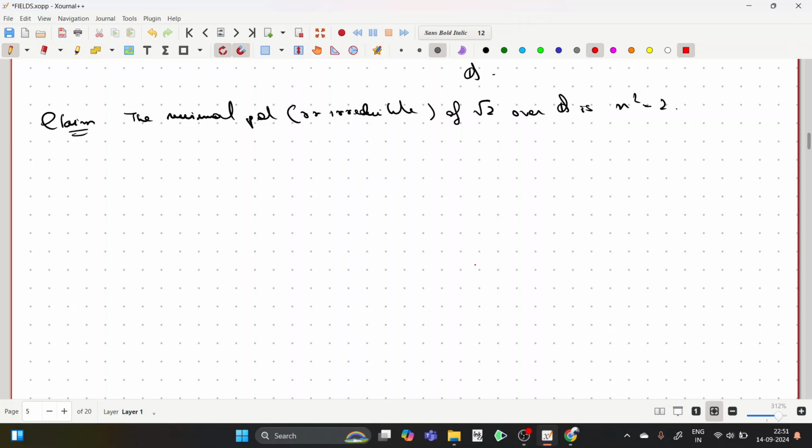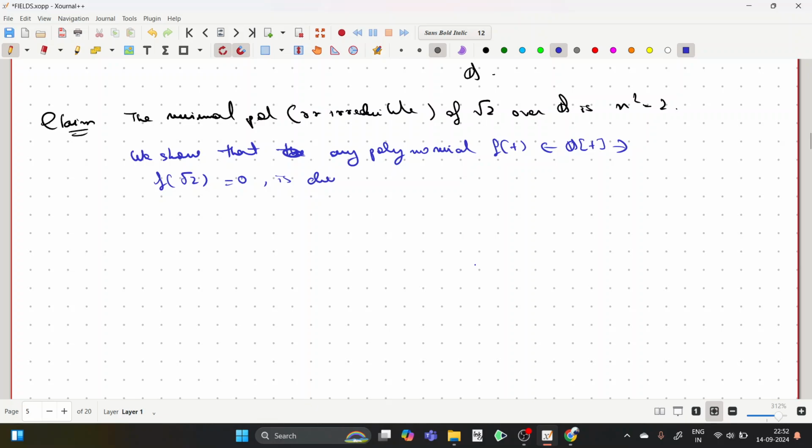What we can specifically do is show that any polynomial f(t) belonging to Q[t] such that f of root 2 is 0 is divisible by x square minus 2.